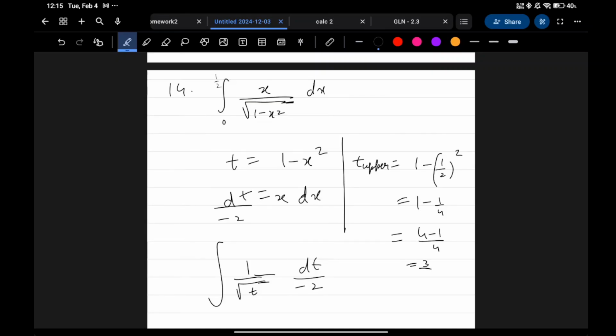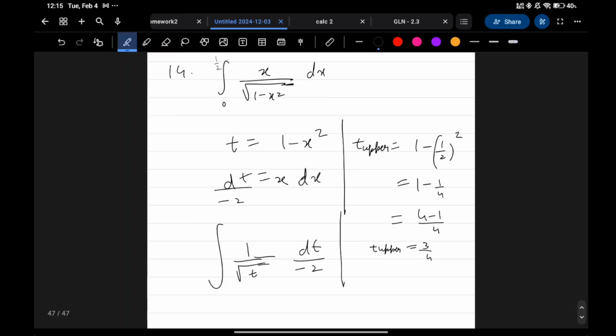That is 3 over 4. So t of upper is 3 over 4. Let's see what t of lower is. T of lower is 1 minus 0 squared, which is just 1. So I have the upper and lower now. Upper is 3 over 4, lower is 1.